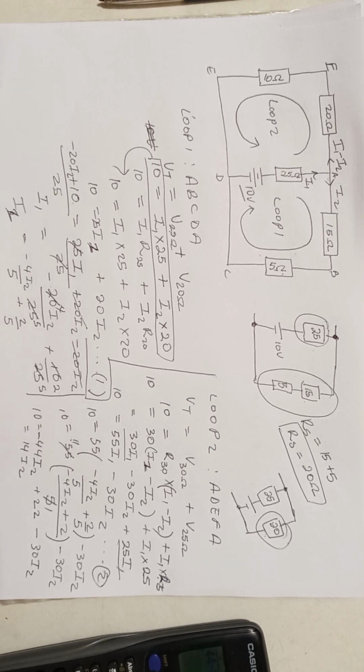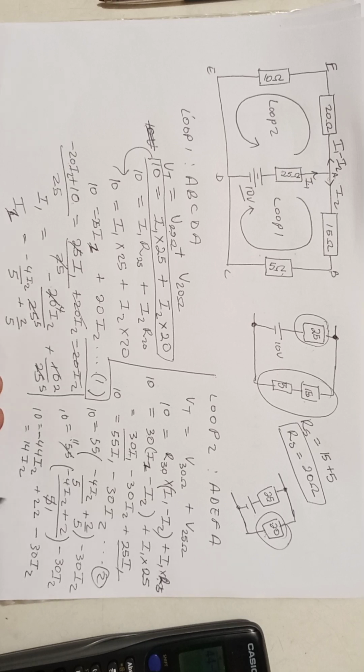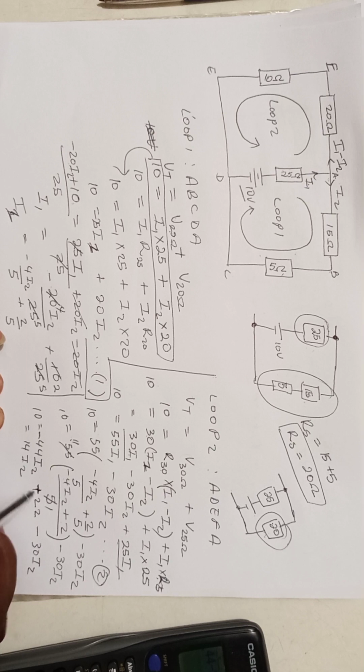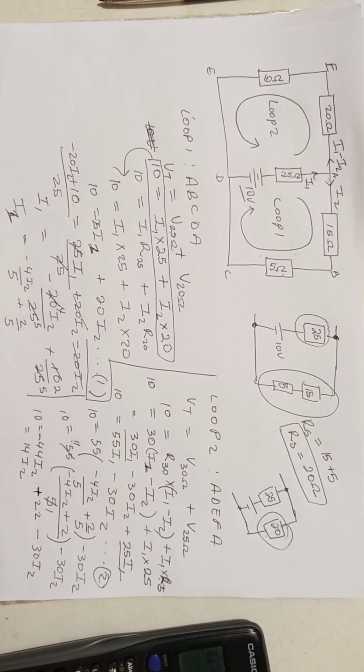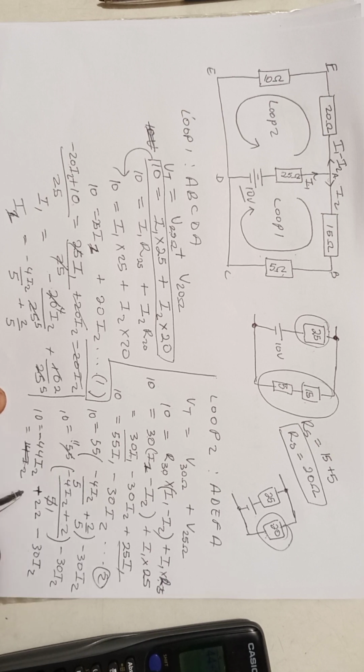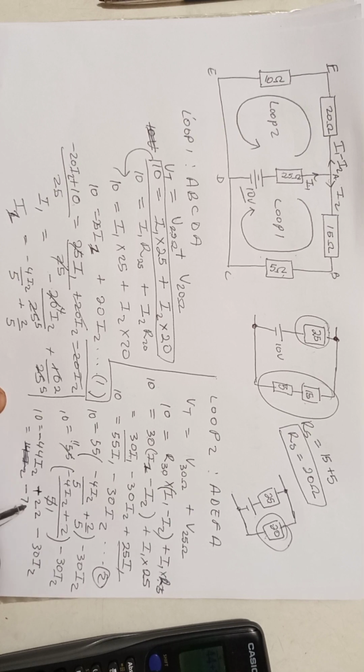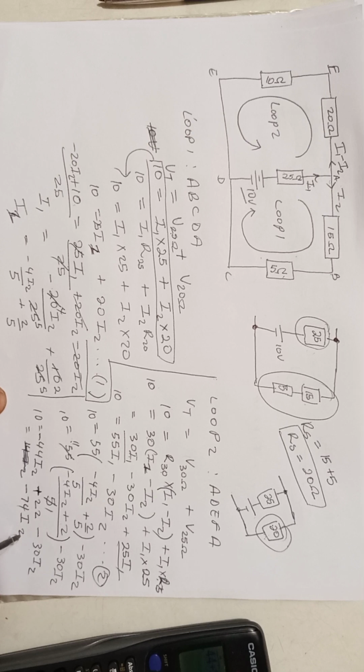And this one is supposed to be positive 22. So here we're not gonna minus, we'll add. 44 plus 30 is equal to minus 74 I2.